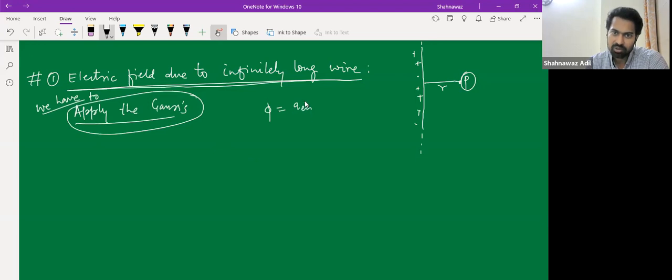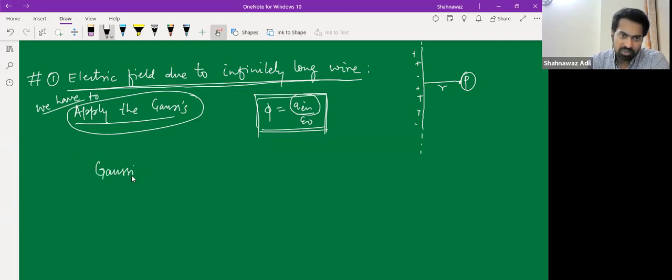Q enclosed by epsilon. Right. This we know. So to apply Gauss law, we have to make any surface which is enclosing this charge. Understood, guys? Yes, sir.